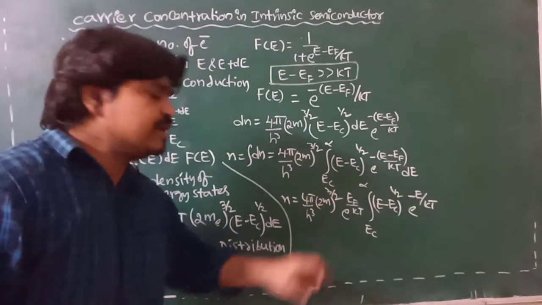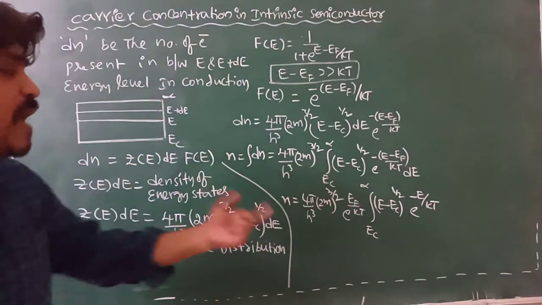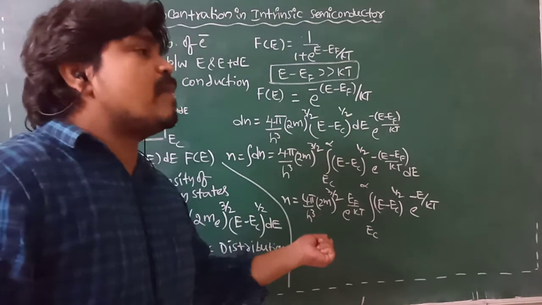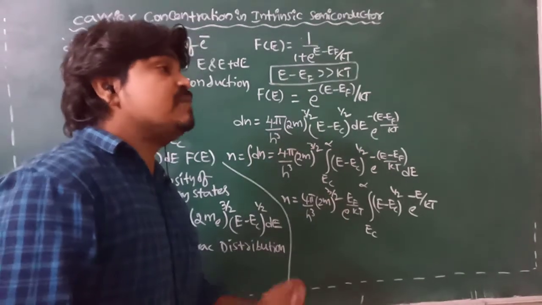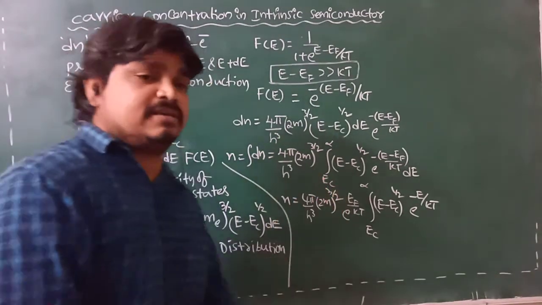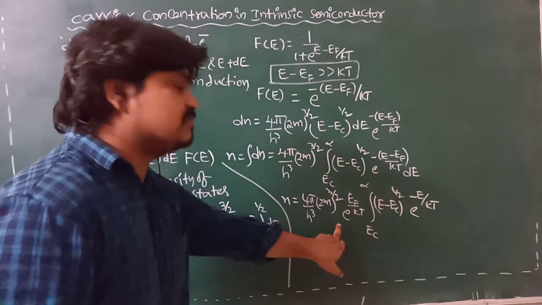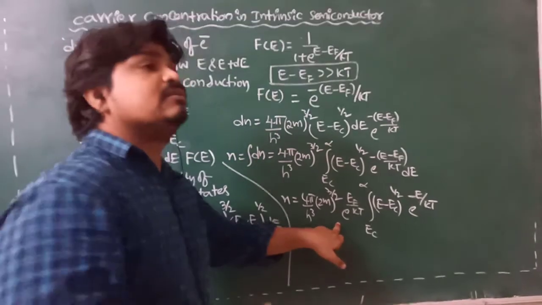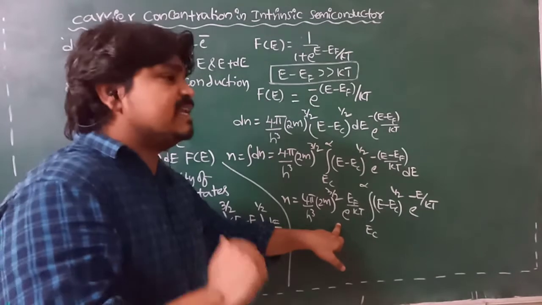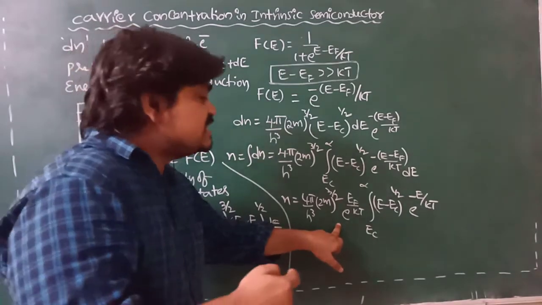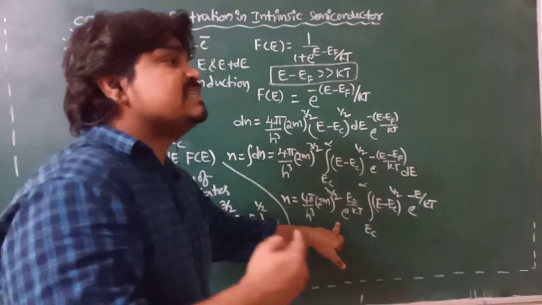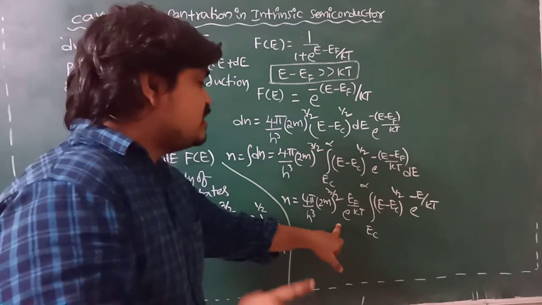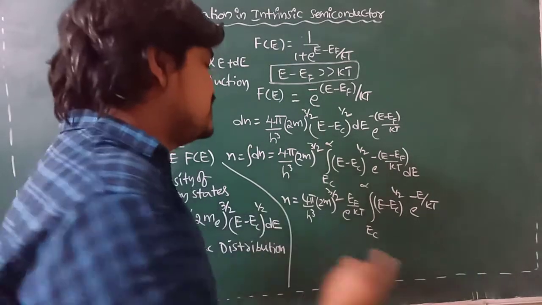Now the above equation is multiplied with e power minus Ec by kT and e power plus Ec by kT.